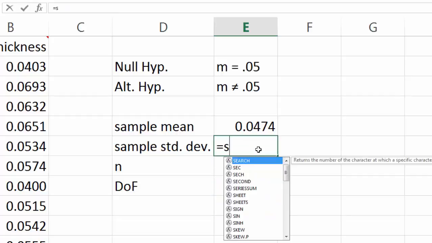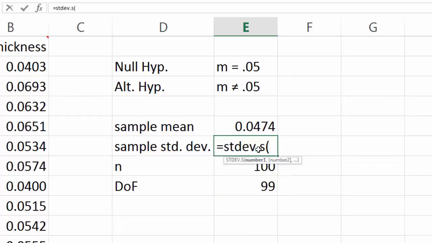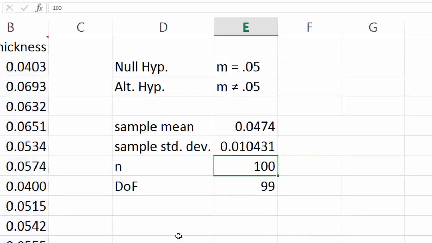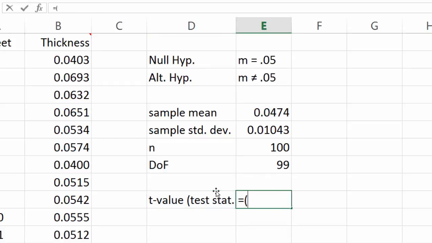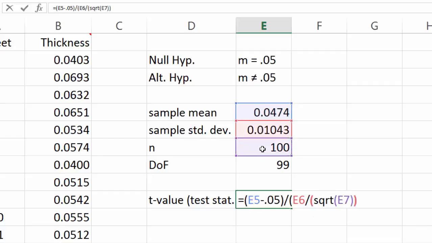My sample standard deviation, STDEV.S of B2 to B101, is that. Okay, my t-value test statistic is my x bar minus my null hypothesis mean, which I just enter, divided by my standard deviation over the square root of my sample size.